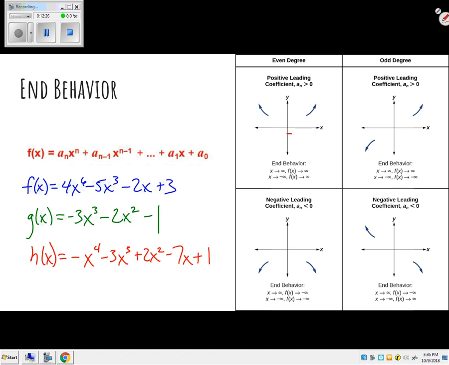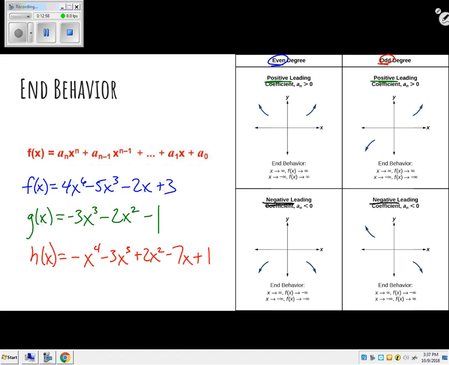Okay. So what I'm looking for in end behavior is how the graph is going to behave as it goes off the ends of my paper, or off the ends of my axis. First of all, I have an even column and I have an odd column. And then within each one of these, I have positive leading coefficients and negative leading coefficients.